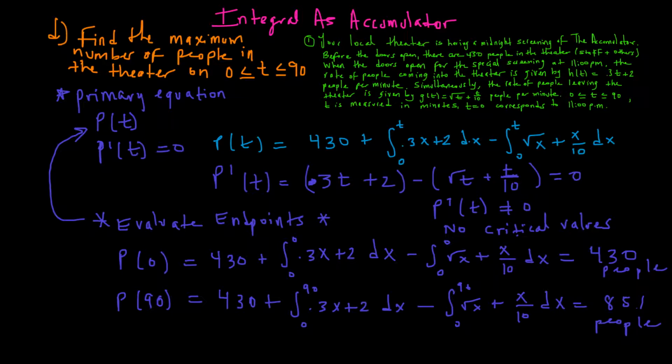Okay, so my calculator says that I get 850.790, but that should round up to 851 people, and I should use units every time I'm answering questions here. And so now, again, no critical values, just the two endpoints. If you had found some critical values here, then of course you evaluate those and you compare the results.